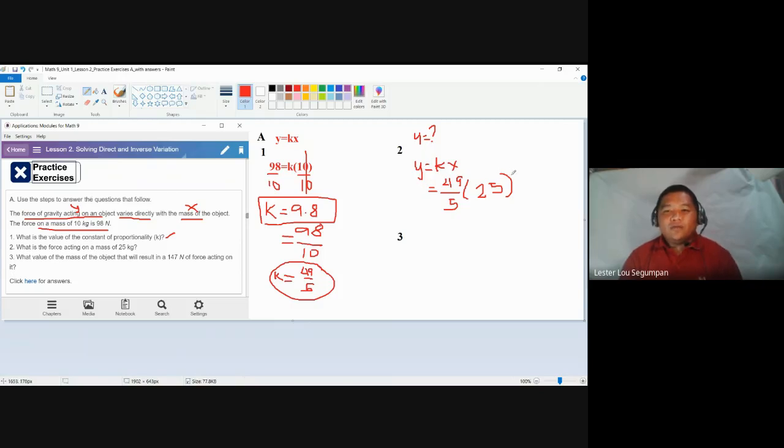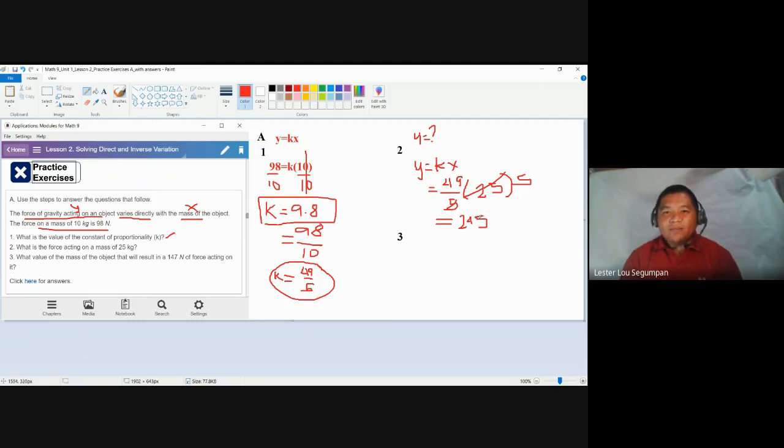So when you solve for that, the 25 divided by 5 is 5. What is 49 times 5? 49 times 5 is equal to 245 newtons.